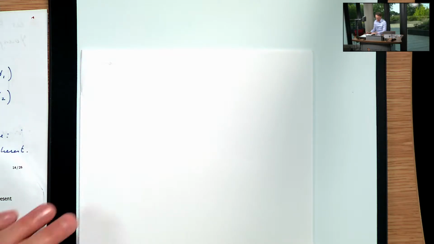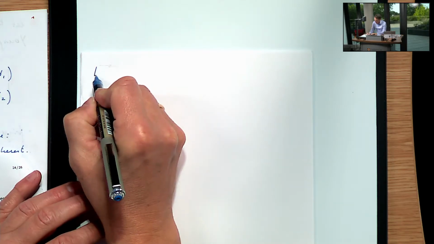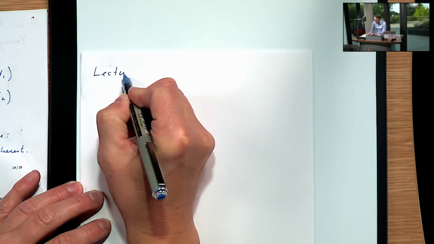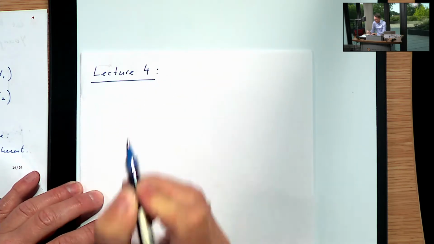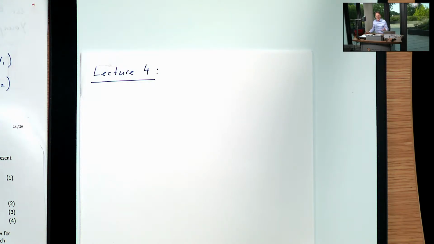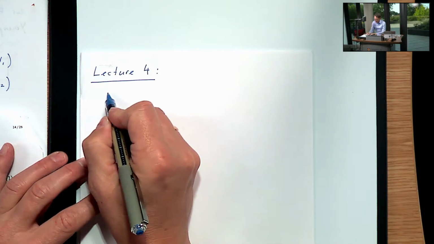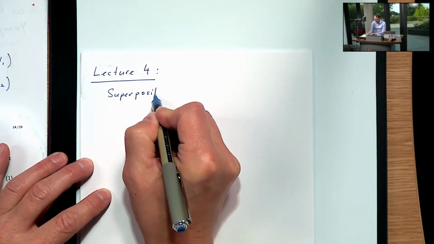Okay, so first of all, the first thing that we will talk about is we go back to this problem of interference, and this arises from the fact that I've already mentioned that the wave equation is a linear equation, and so the principle of superposition applies.